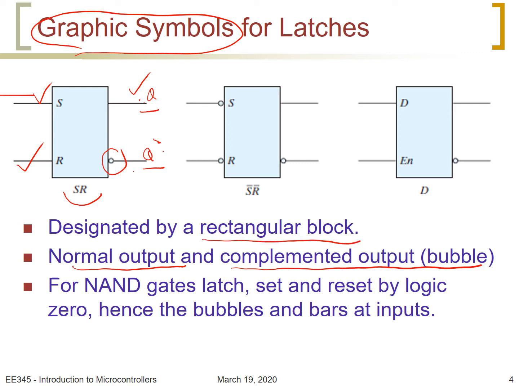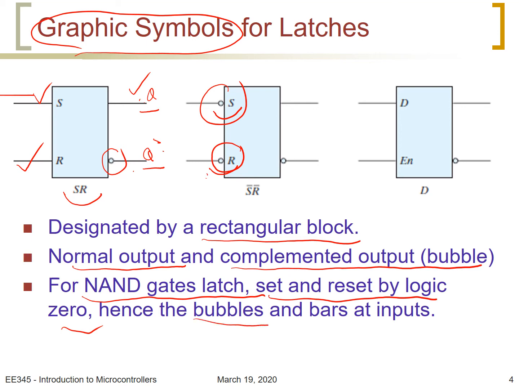The other latch is the latch with NAND gates only, and the set and reset are by logic 0, not by logic 1. Therefore, we write S here with a small bubble, and R with a small bubble to say that the reset and set are done by logic 0 and not by logic 1s.